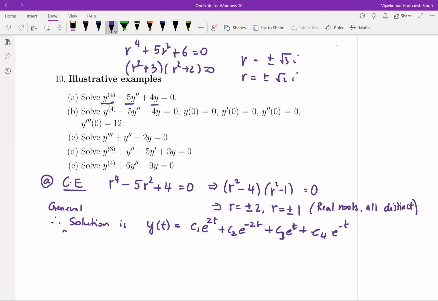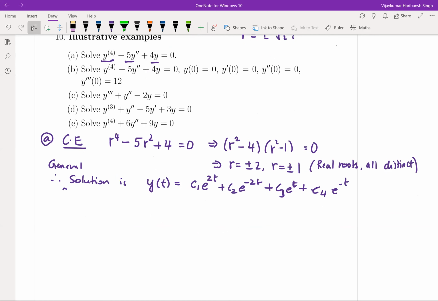Okay. So let's look at part B. It says solve the same differential equation as above, but with the four initial conditions given to us.